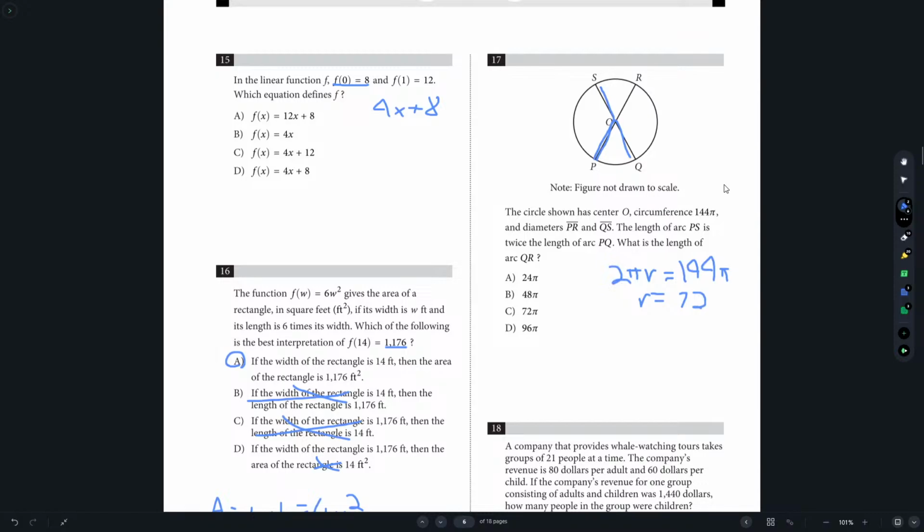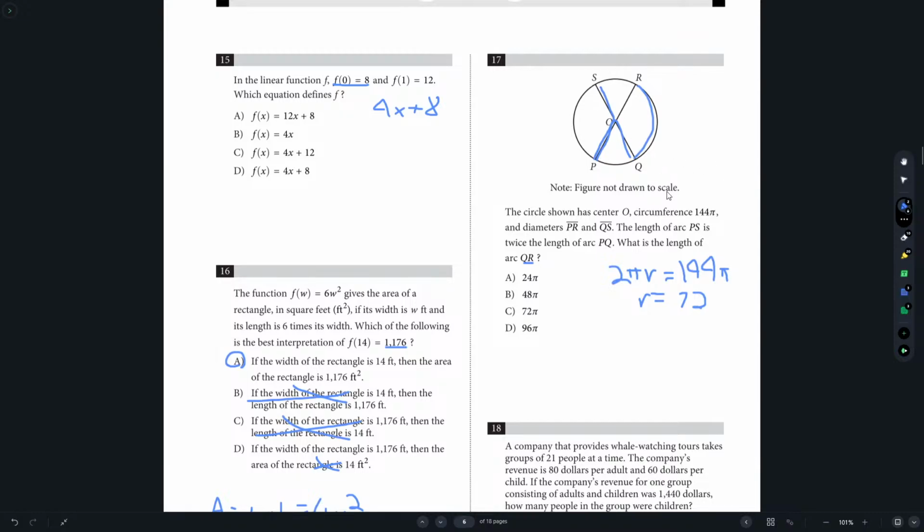Well, QR would be the same length as PS. They're both diameters, so it would just be 2 times the radius. That doesn't make sense here. Oh, of the arc QR. We're looking for the arc of QR.